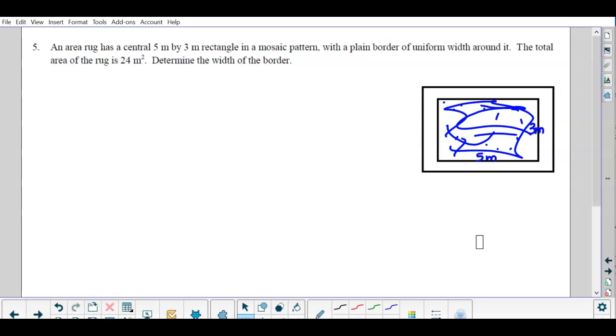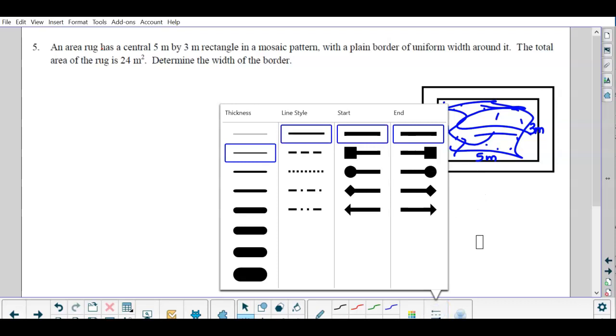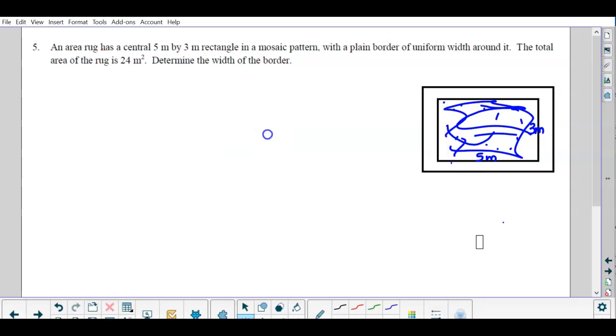Okay, and the inside dimensions. It's got a plain border of uniform width around it. So uniform width means the same width. Not the width of the whole thing. It means this distance here, I'm going to call it x. So this distance is the same as this distance.